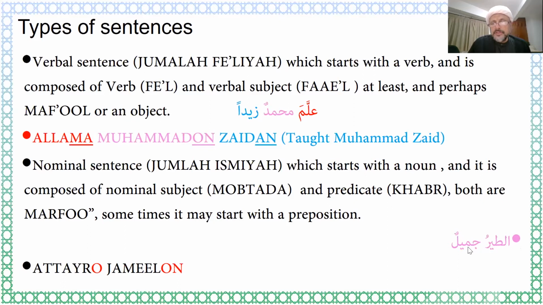The bird is beautiful. At-tayru, jamilun. Now at-tayr, in Arabic we call it mubtada. Jamilun, we call it khabar. Mubtada, nominal subject, marfu' with the dhamma, then jamilun, khabar, predicate, marfu' with the dhamma.